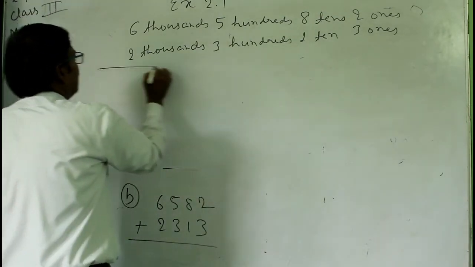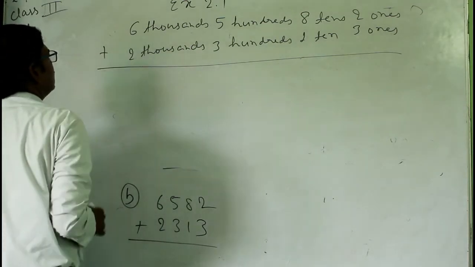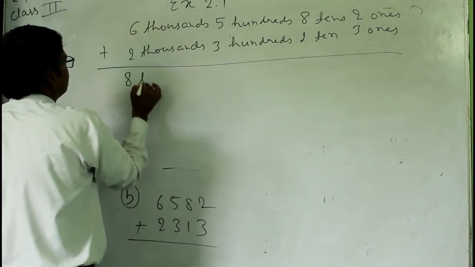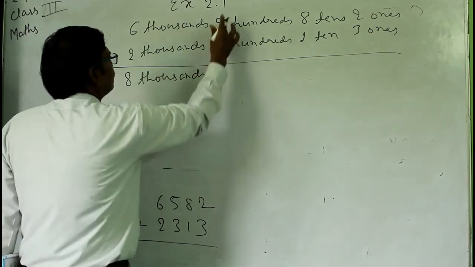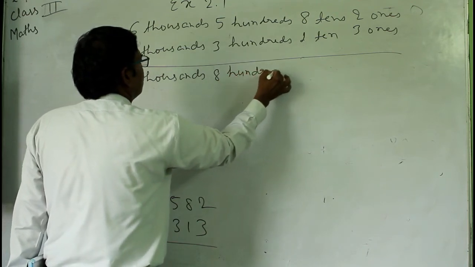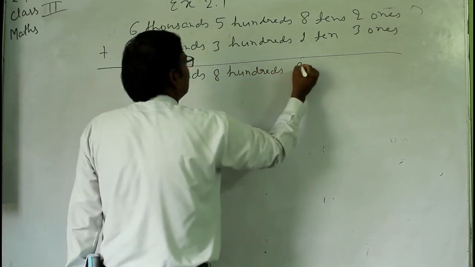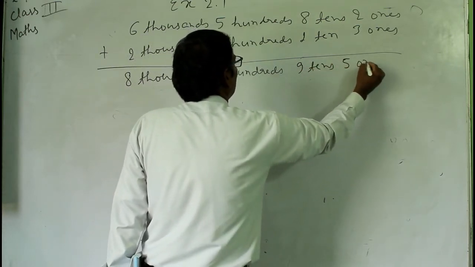So now you will add these two numbers. So 6 plus 2 will be how much? 8,000s. And 5 plus 3 will be 800s. And 8 plus 1 will be here 9 tens. And 3 plus 2 will be here 5 ones.